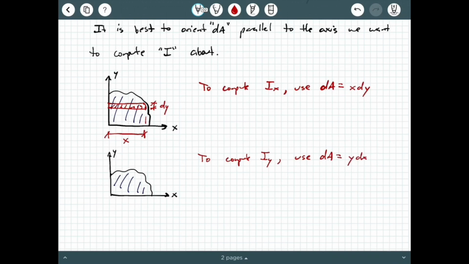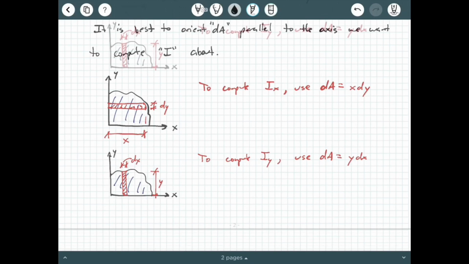Again, you make your slice parallel to the axis that you're trying to compute the moment of inertia about. So the width here is dx, and then the height is a distance y, okay? Now, again, this isn't the only way to do it, but this is the most convenient way that can minimize confusion and headache with computations, all right? So when we get to some examples later on, we're going to take this approach. If we want Ix, we're going to say dA is x dy, and if we want Iy, we're going to say dA is y dx, and you can visualize it like this.